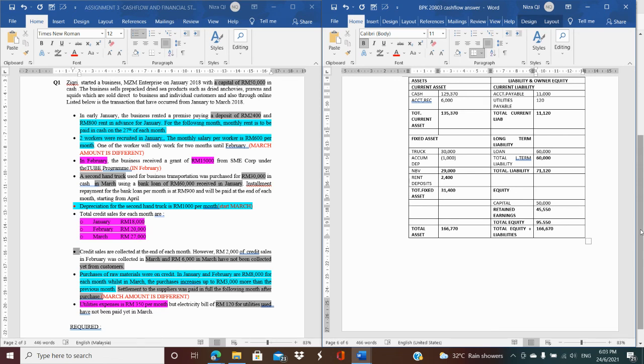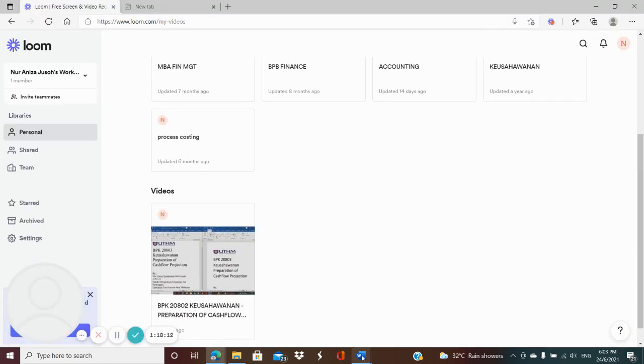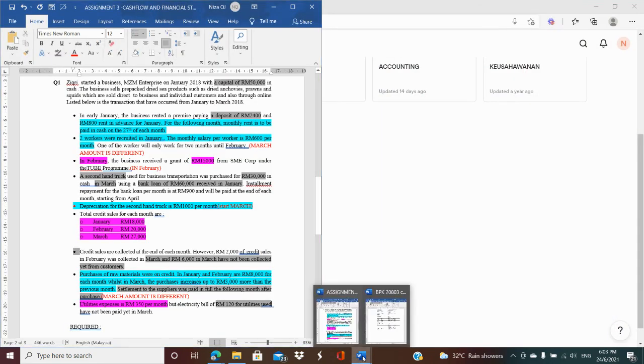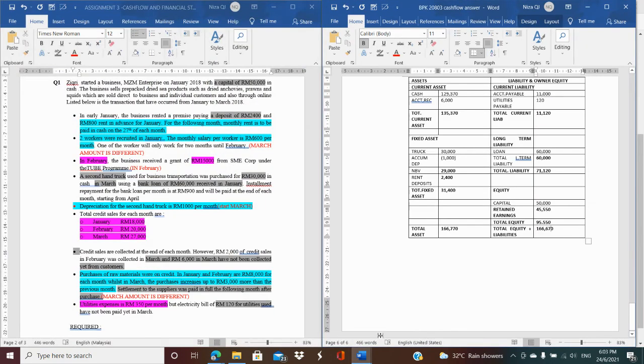In preparing the balance sheet, you have to understand a lot of things. In this short time, you might not understand what is happening. For those who have taken accounting, they might have an advantage.